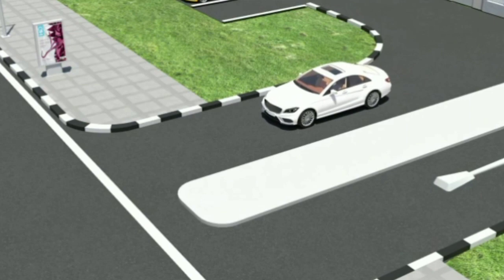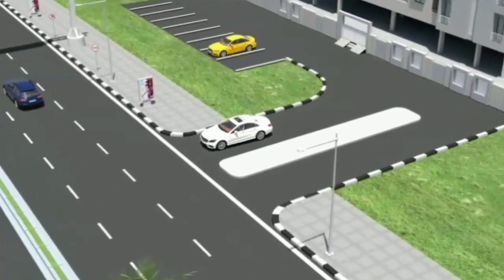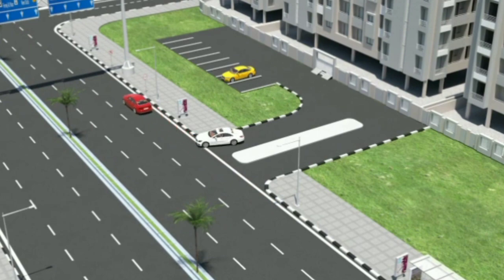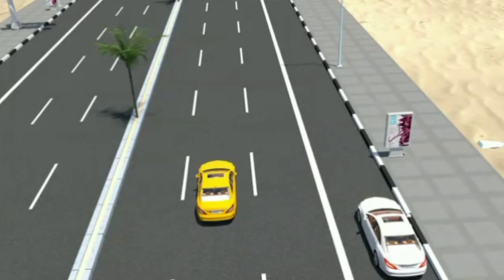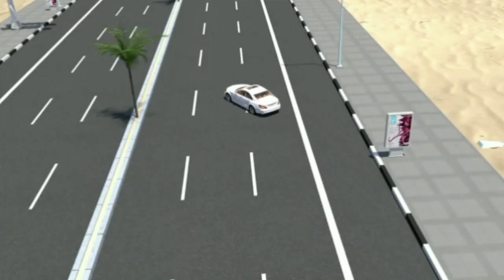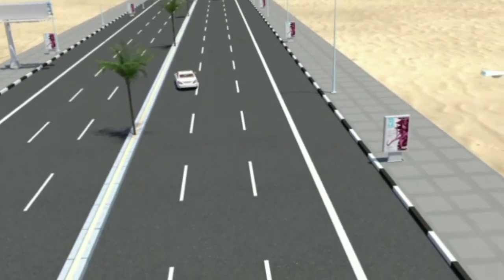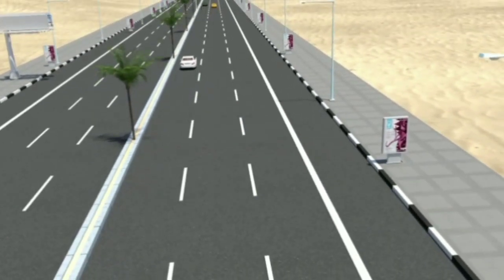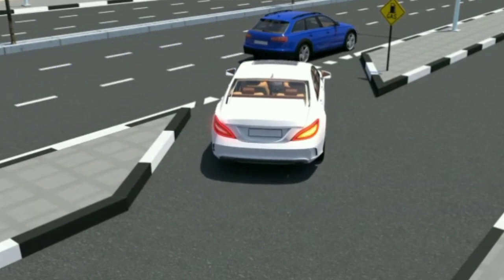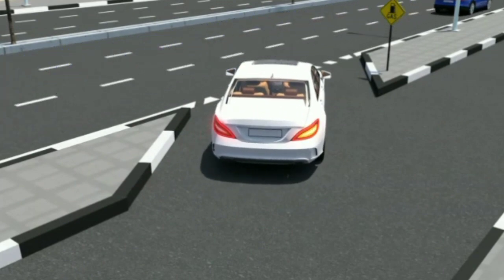Vehicles that lose priority right. Vehicles that are ready to exit from a building onto the road. Vehicles that are ready to exit from the shoulder of the road to its carriageway. Vehicles that are ready to exit from public and private parking or fuel stations.